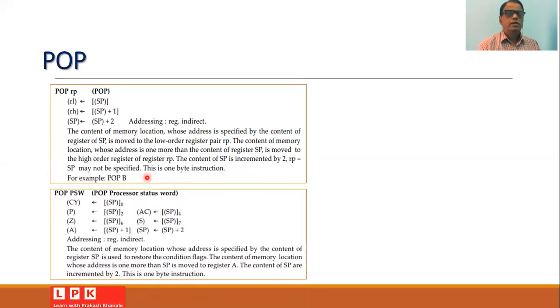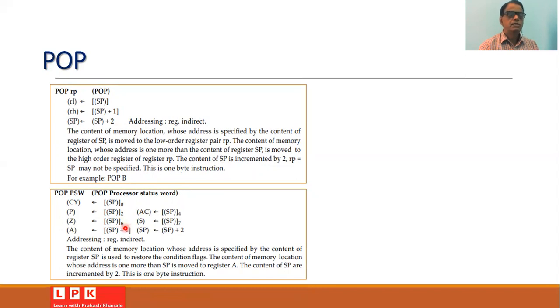Also, we can have the instruction for the processor status word, POP PSW, where the content of the location whose address is given in the stack pointer is shifted to the carry flag. The next bit is shifted to the parity flag. The bit number 4 is shifted to the auxiliary carry flag.